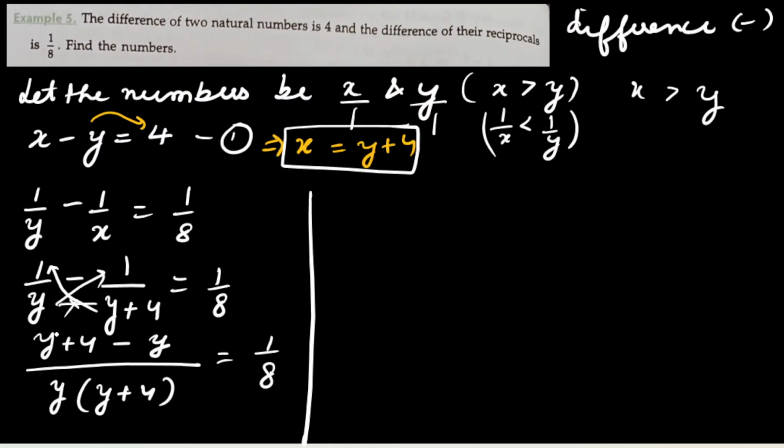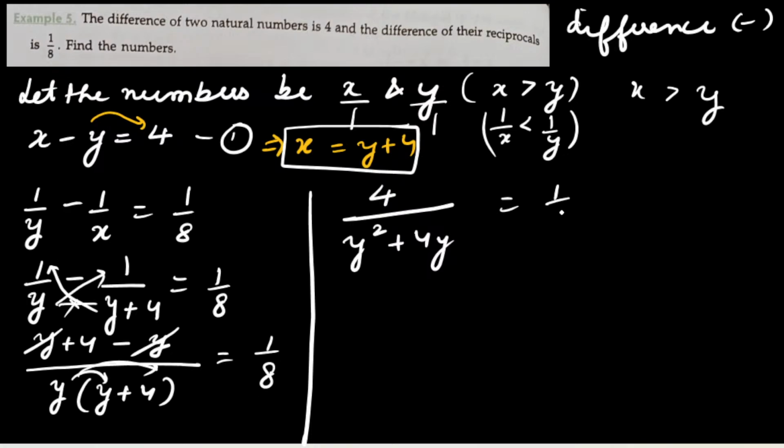Now here plus y and minus y will get cancelled. So what I am left with is 4 by this. Y into y is y square, then y into 4 is 4y, so y square plus 4y equals 1 by 8.